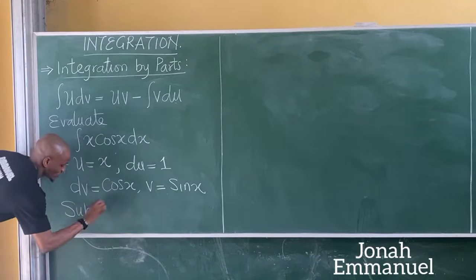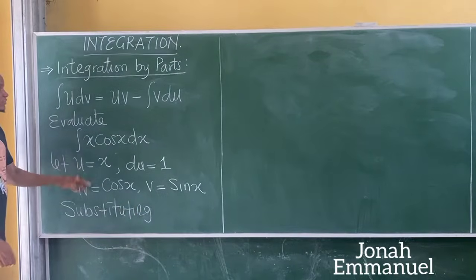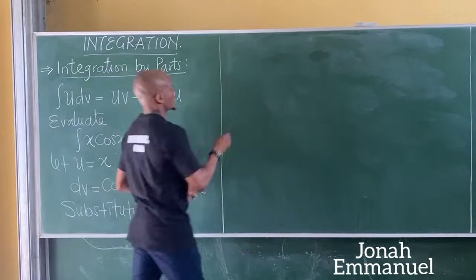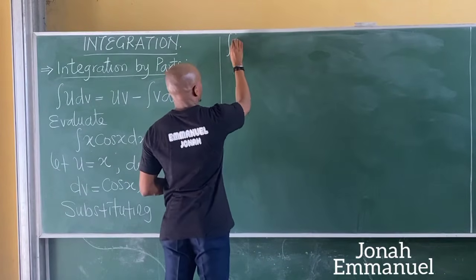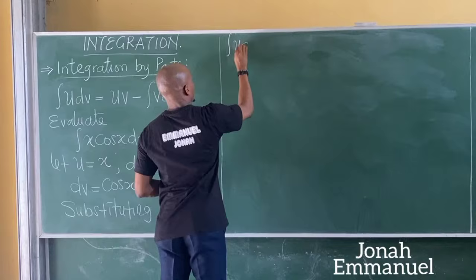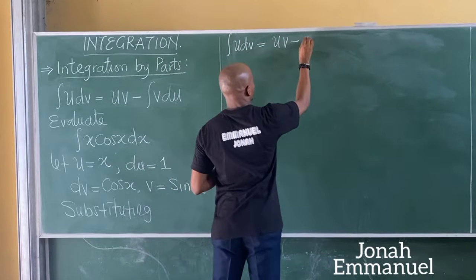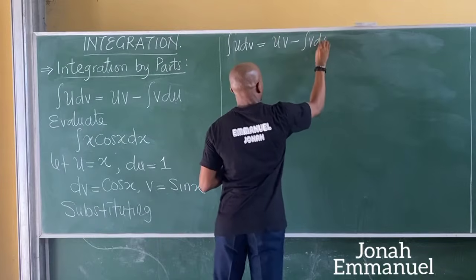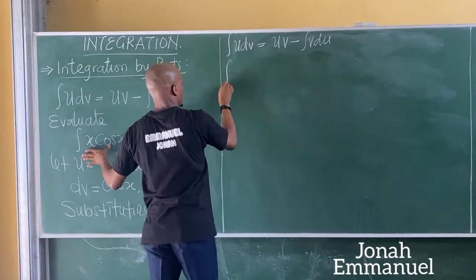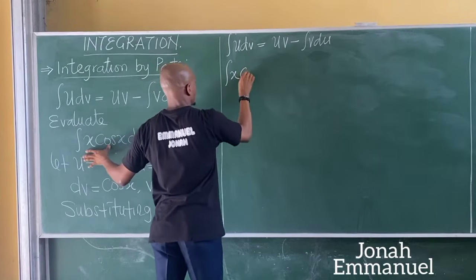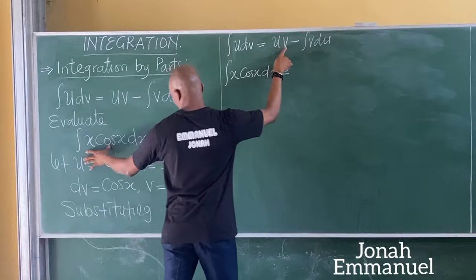Alright, next up now, I will substitute. So substituting, I will substitute these values into my equation. Substituting, I have that the integral of u dv is equal to uv minus integral v du. So I have this. Alright, repeat the question. Here I have that the integral of x cos x dx is equal to uv.